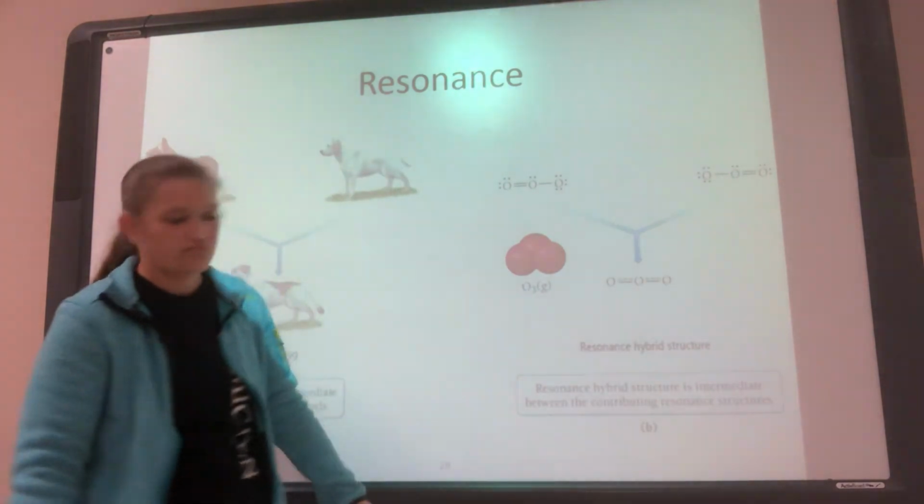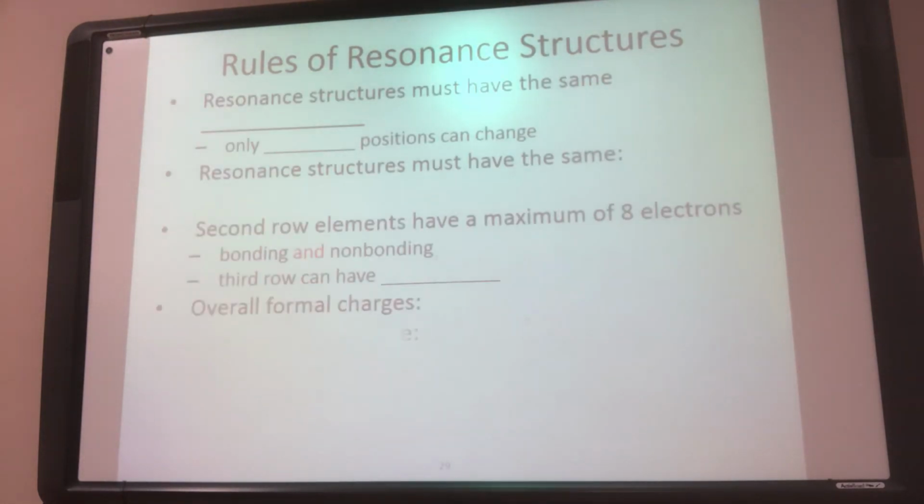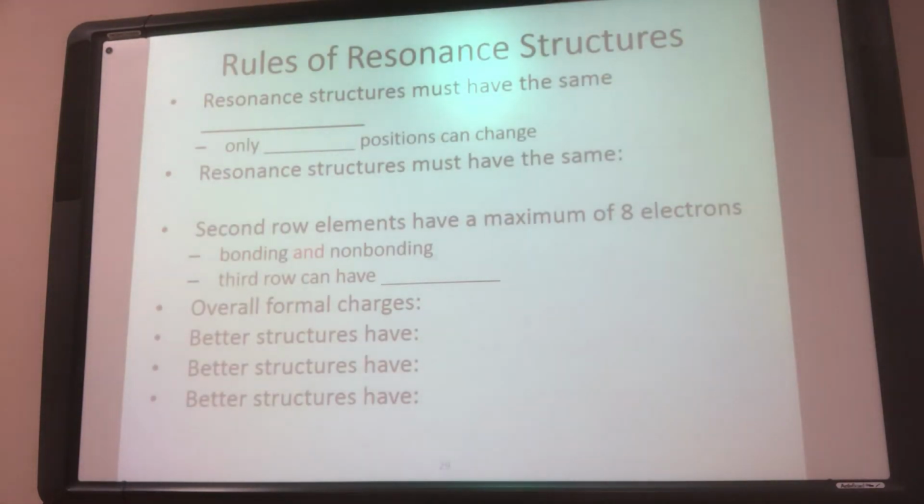So how do I know the rules for resonance structures? How do I know if it's a resonance structure or not? To be a resonance structure, you have to have the same connectivity. You can't move atoms around. The only thing that's moving is electrons. So it has to have the same connectivity: who's bonded to who.